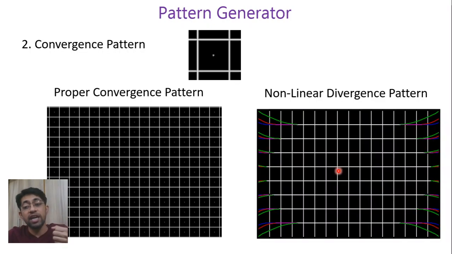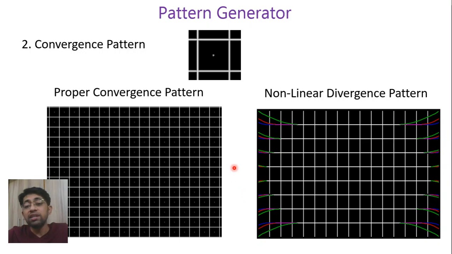Here you can see that our electron guns are focusing properly in this center area, but toward the edges the current becomes non-linear. If the current is non-linear, then your electron gun cannot focus on the particular phosphorus. As a result, you will get this kind of pattern.